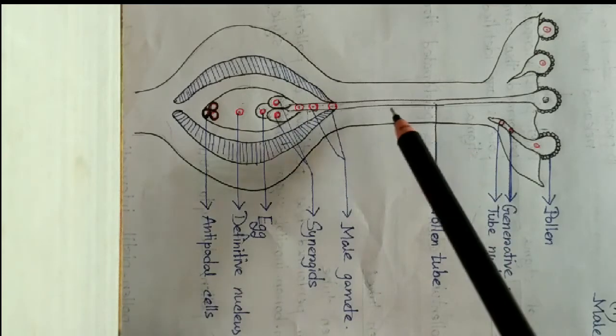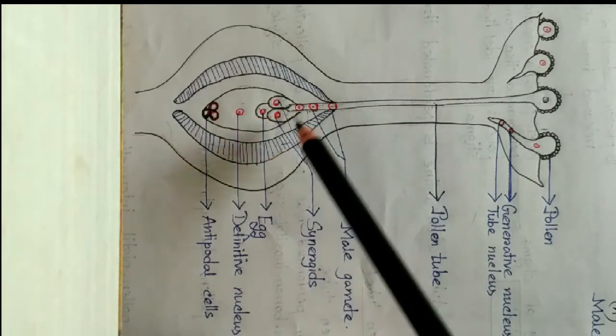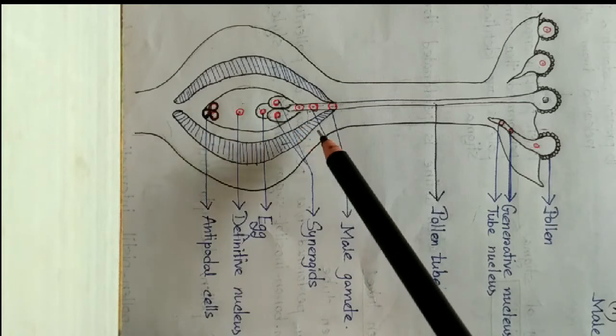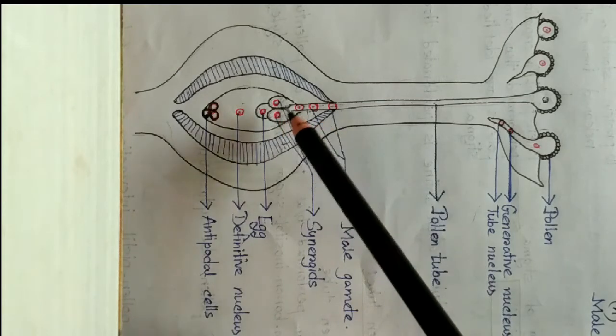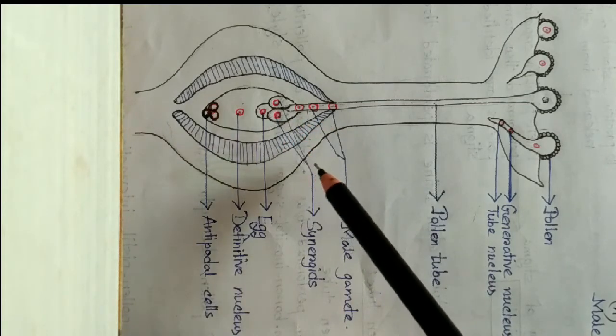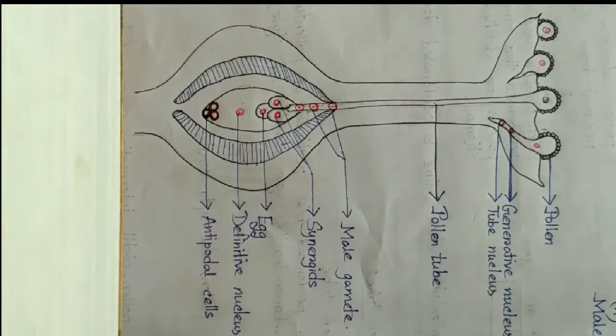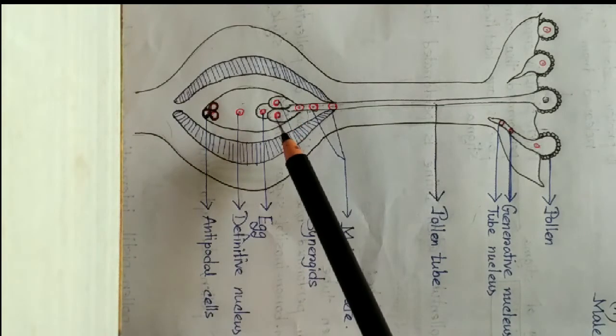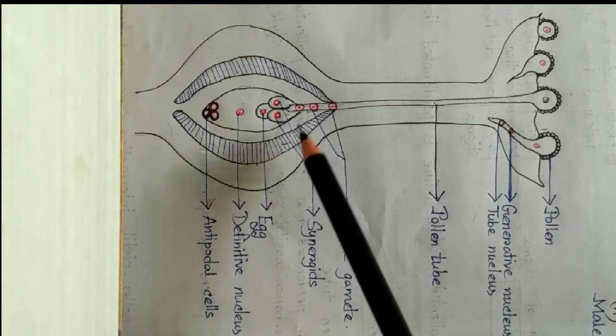After the male gametes enter the ovary or ovum, a total of 8 haploid nuclei are present. Which are they? Two synergids, which are present with the egg.